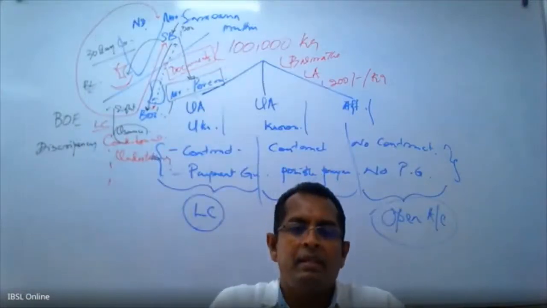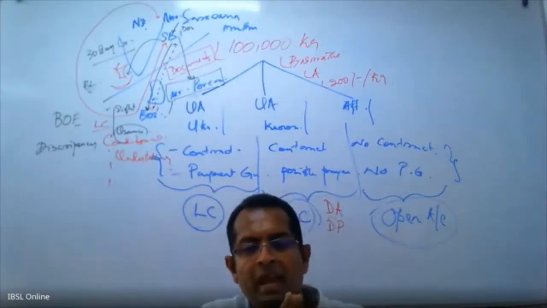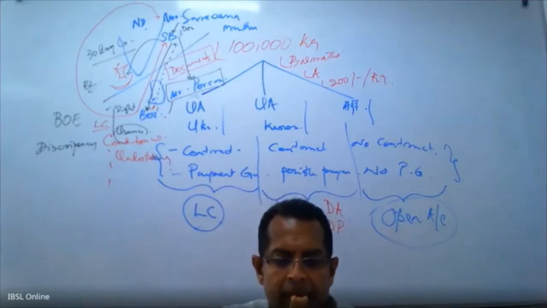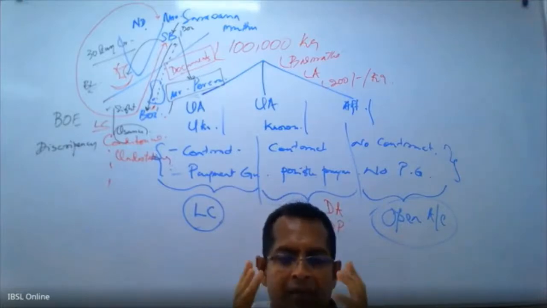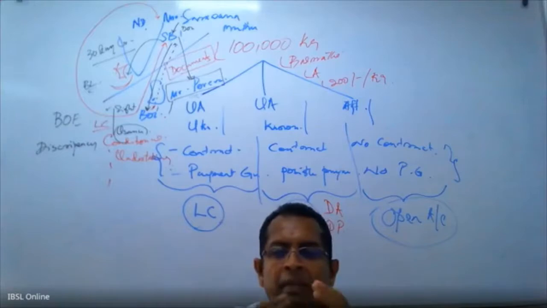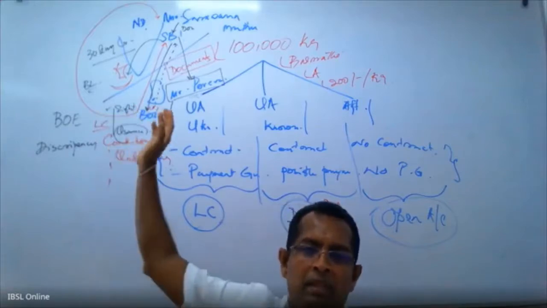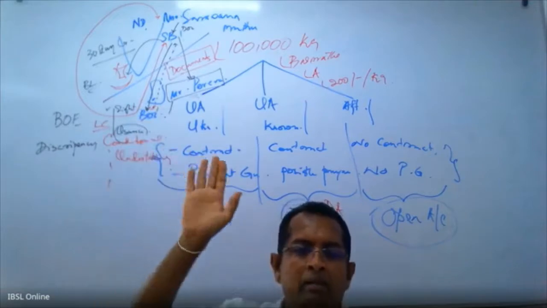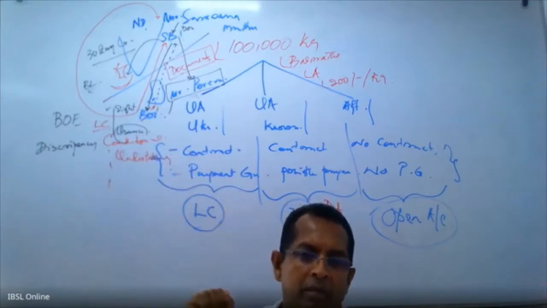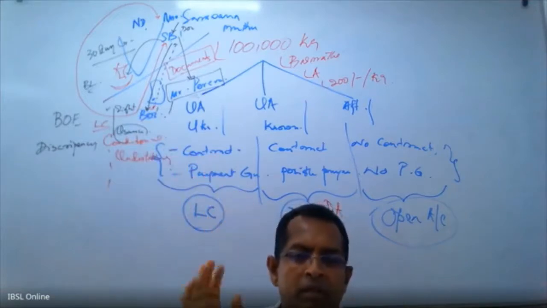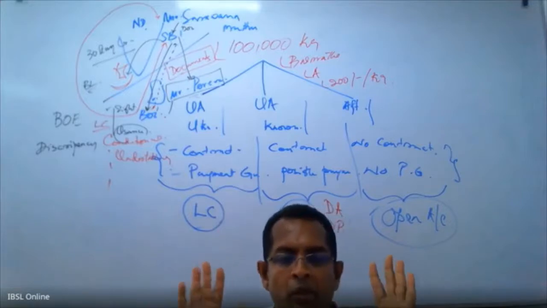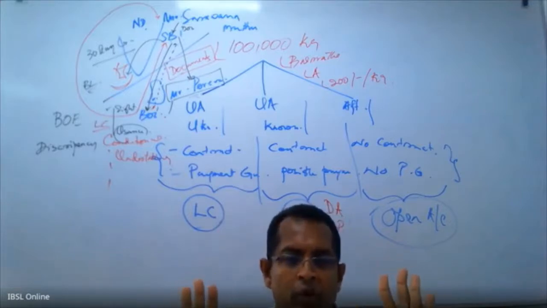Then we have another thing called shipping guarantee. Right? Under this category, we have another thing called shipping guarantee. What is a shipping guarantee? Shipping guarantee is when the goods are here, but documents have not come in. Right? Original documents have not come. We have two sets of documents.